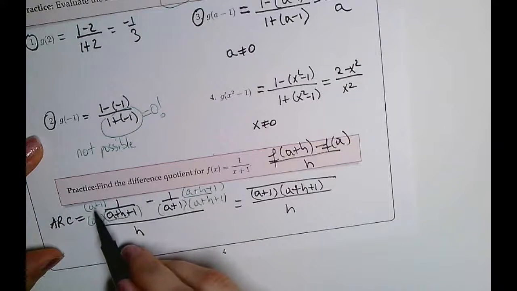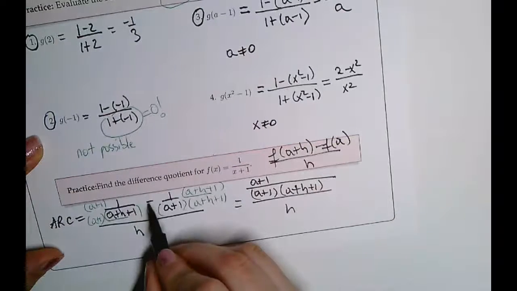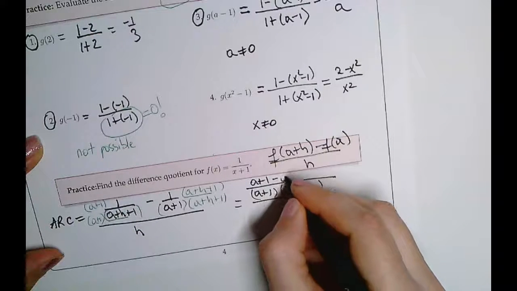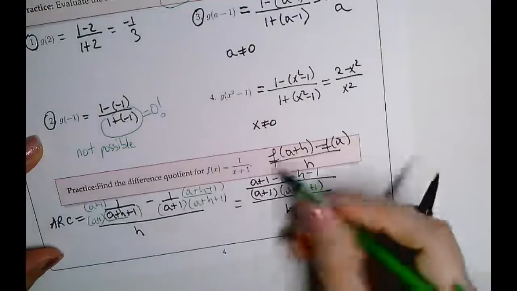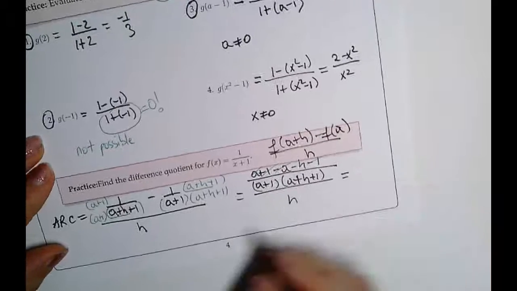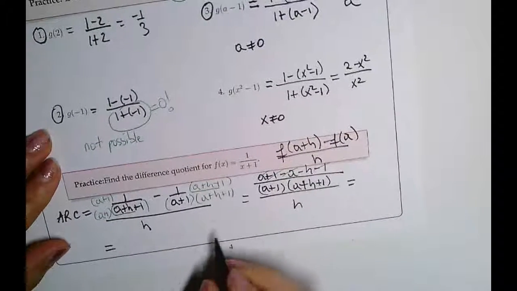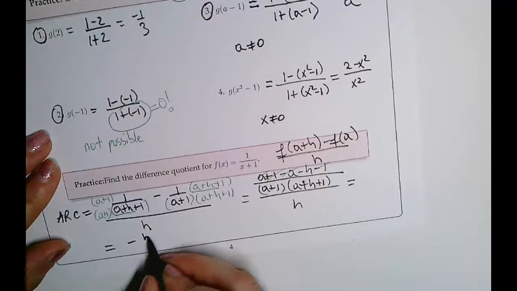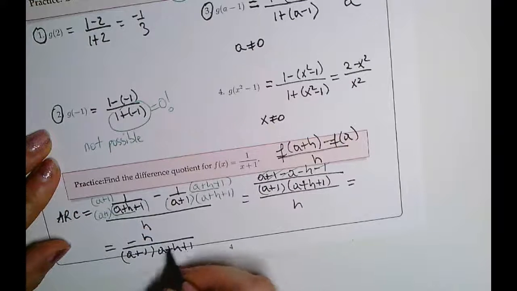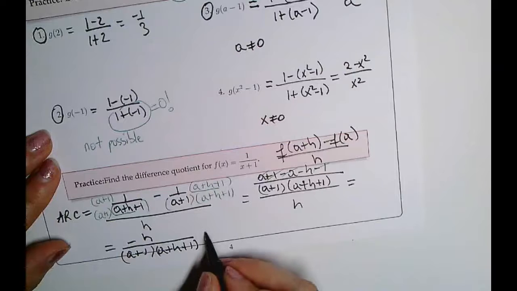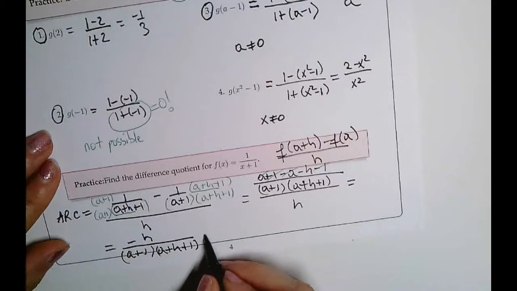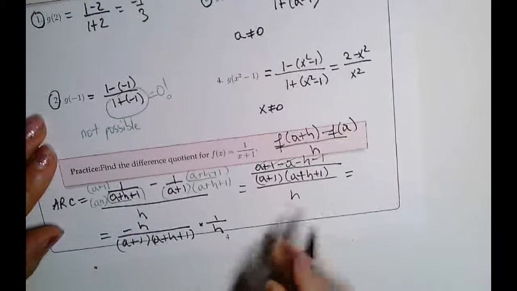So what did we have in here? A plus 1 times 1 is just a plus 1, minus 1 times a plus h plus 1 is just going to be minus a minus h minus 1. So if I get rid of what I can get rid of, I get that the average rate of change is just going to be negative h at the top over a plus 1 times a plus h plus 1, and then divided by h is the same as multiplying by 1 over h, multiplying by the reciprocal.